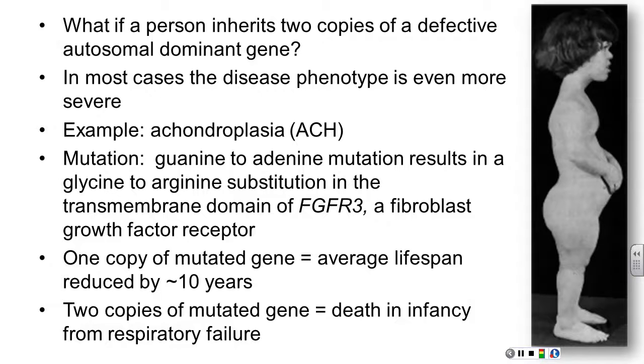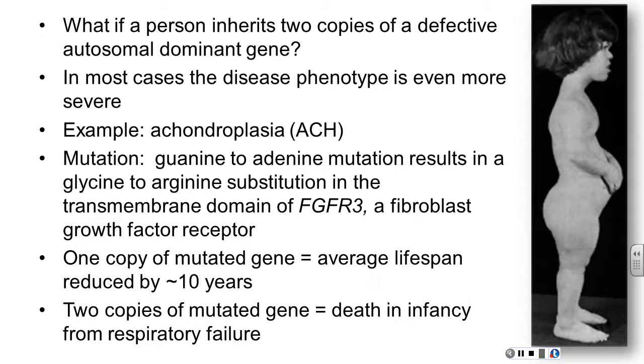However, if you get 2 people who have achondroplasia and they have a child who inherits 2 copies of that mutated gene, that is going to be lethal, either in utero or in infancy. Okay, so in that case, the effect of having 2 copies was much more severe.